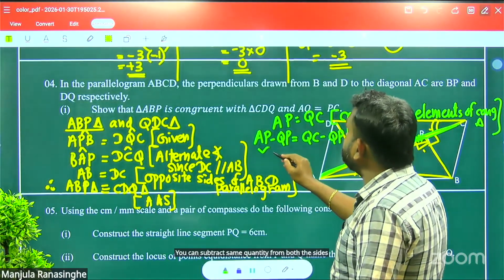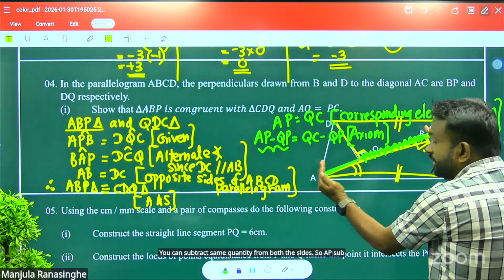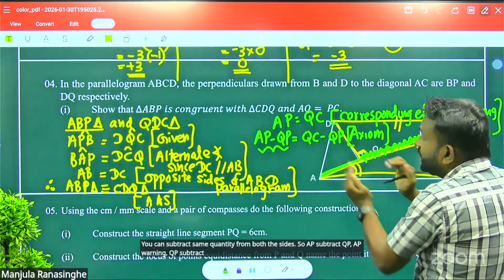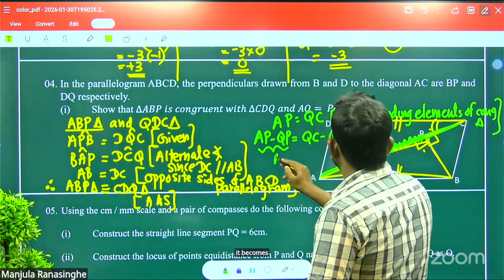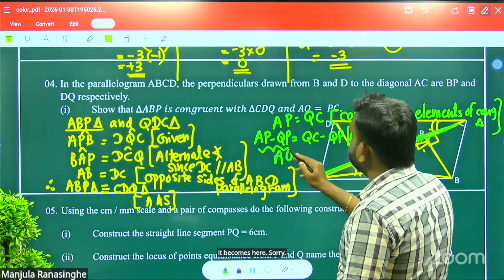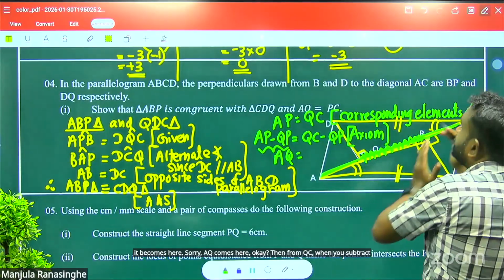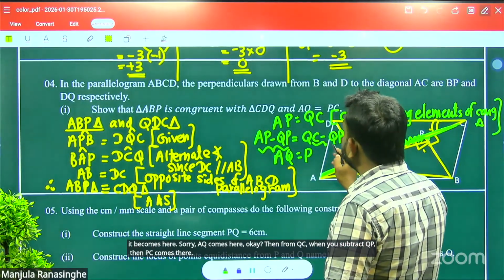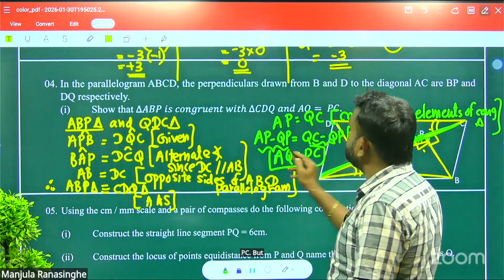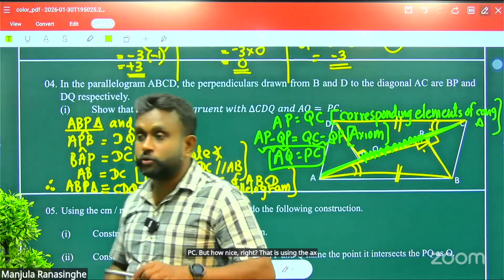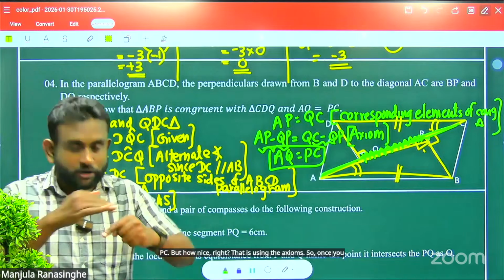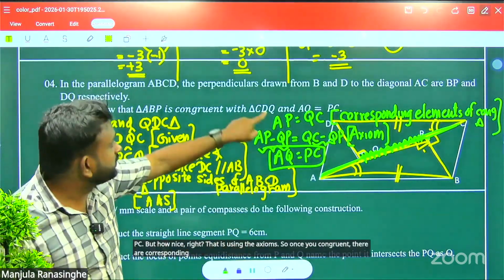So AP subtract QP, what comes? AQ comes here. Then from QC, when you subtract QP, PC comes there. That is using the axioms. So once the triangles are congruent, their corresponding elements are equal. That's the first logic.